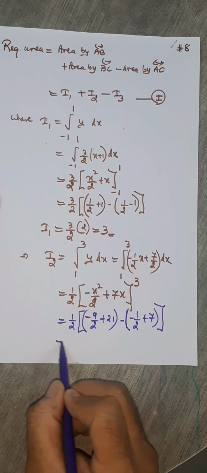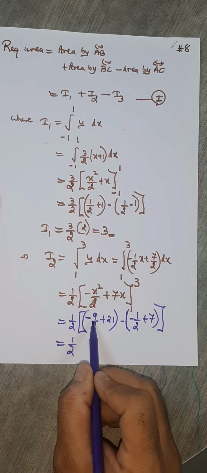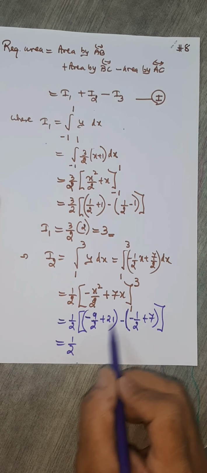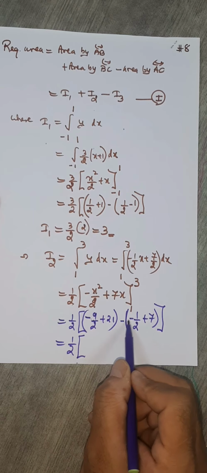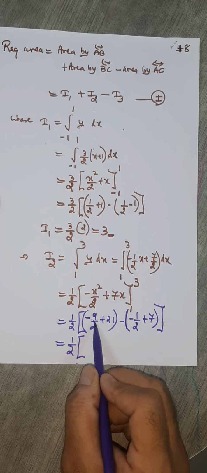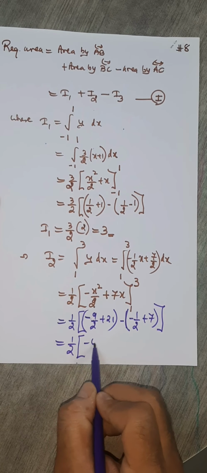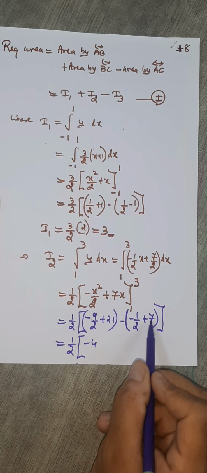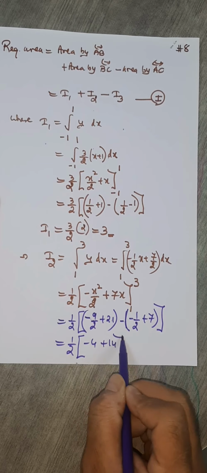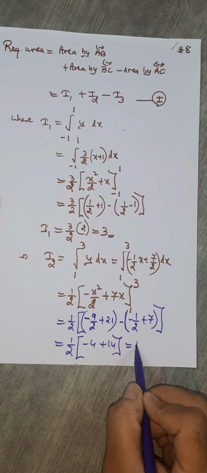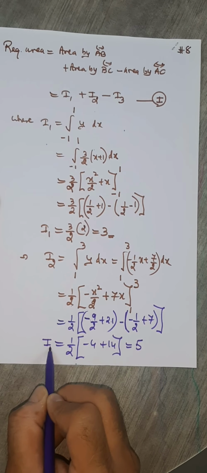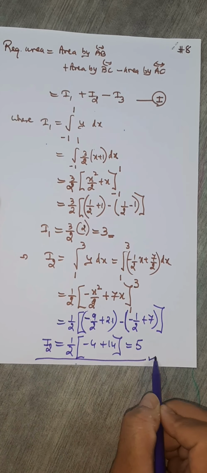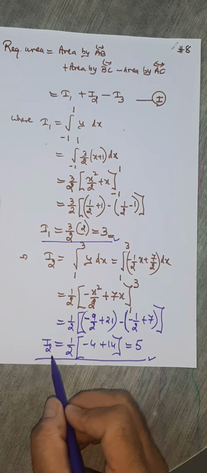What is this if I simplify? -9/2 plus 1/2. -9 plus 1 by 2. So this is -8/2. That is -4. Plus 21 minus 7, so that's plus 14. So you will get just 5. I1 is 3, I2 is 5.